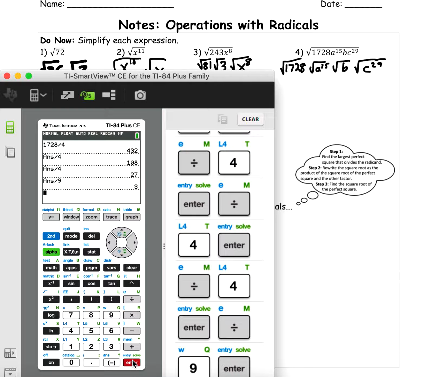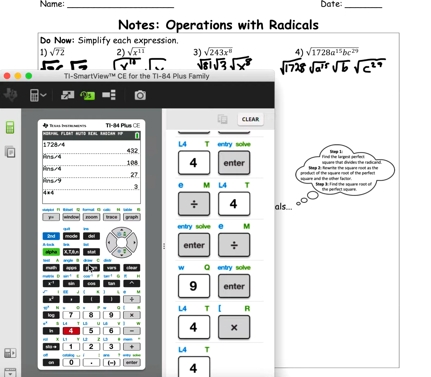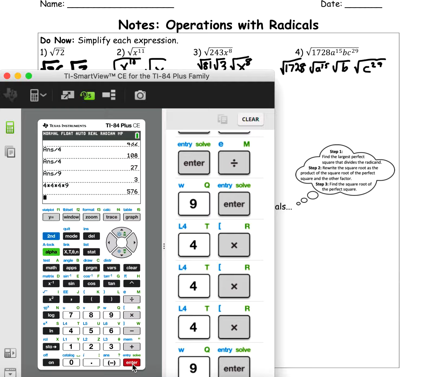So what we do with that information, and this is how you can find an easier way of finding the highest perfect square that goes into a very large number: we take the first 4, then a second 4, so 4 times 4, then a third 4, times another 4, times 9. This will be the highest perfect square that goes into 1728. 576.